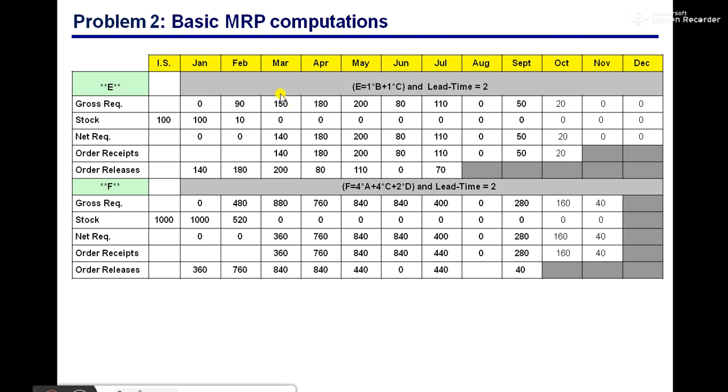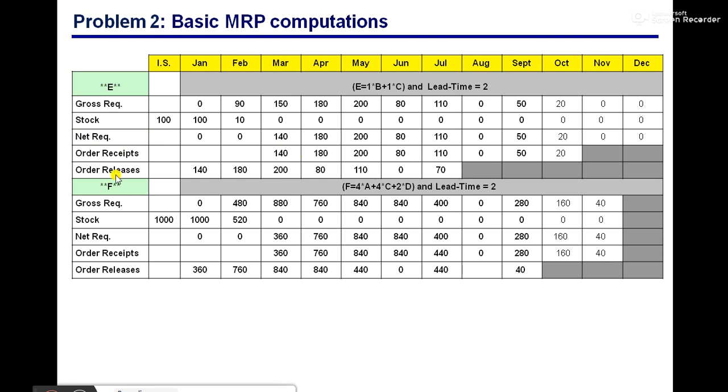So here we need 150, but we already have 10 units left from the previous period in inventory. So effectively we need 140 units. And we have the order receipts equal to the net requirement, which makes sense. We plan to receive as many units as we effectively need.